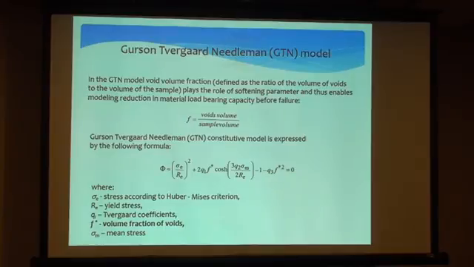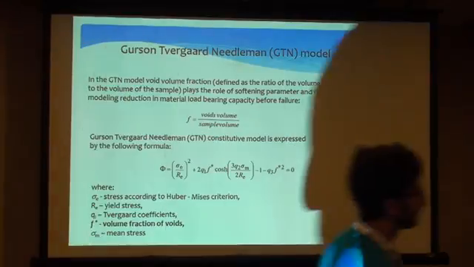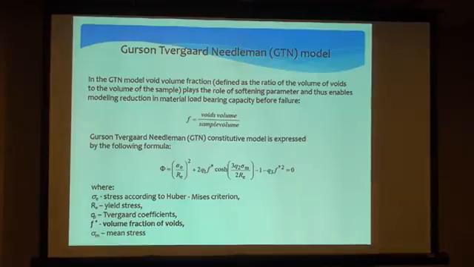And secondly, this model is implemented in many finite element method programs. So this model can be used for analysis of structural elements. I'm an engineer, so I look for solutions which are useful from the engineering point of view. That was why I have chosen this model.